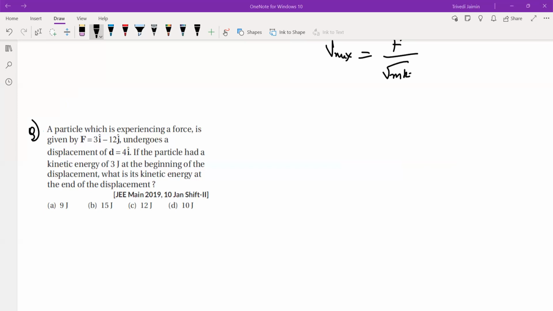Initial is given. W equals K2 minus K1, so it will be adding. 3 joules is given. So find out W. If I calculate orally, 3 fours are 12, and j will be 0. So 12. So the answer should be 15.